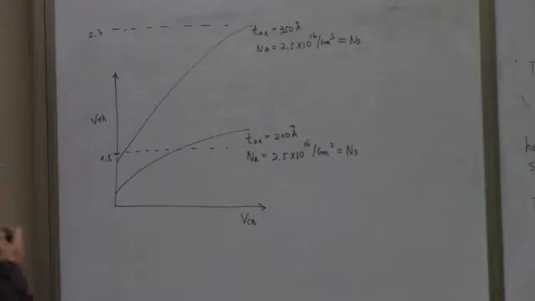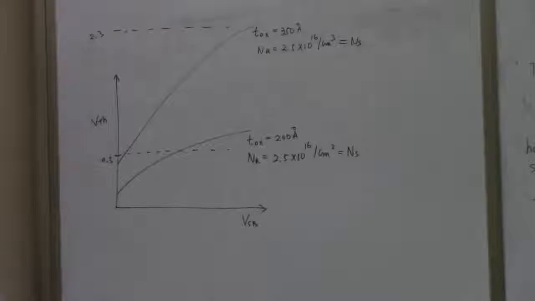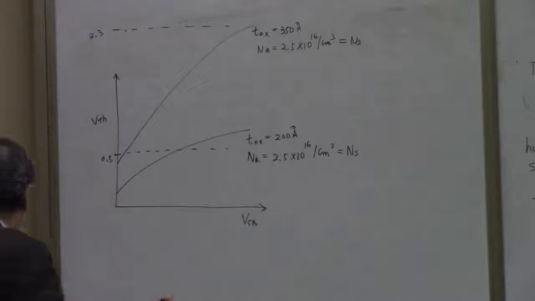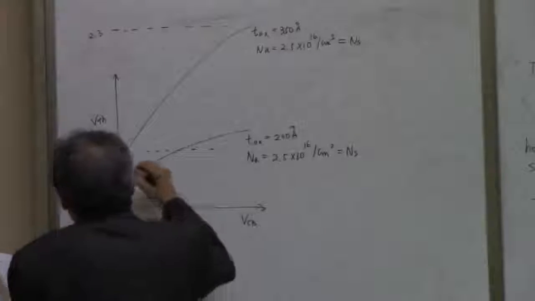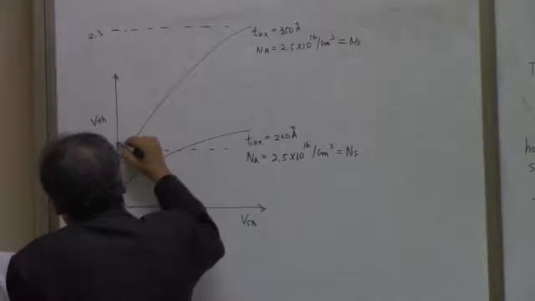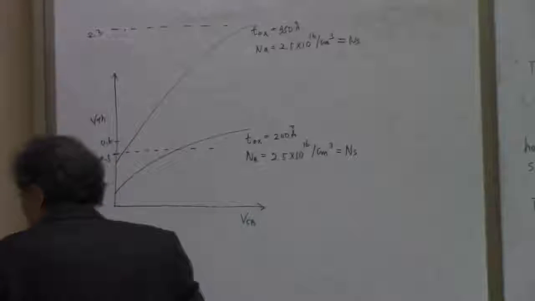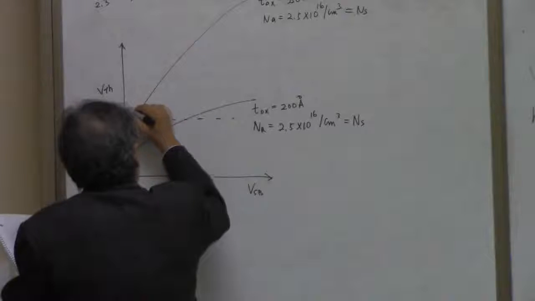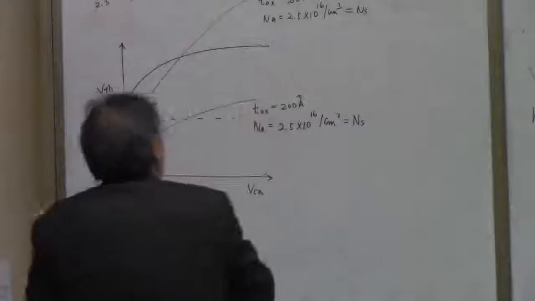Now, if you do the threshold implant to control the threshold voltages, now what you can have is, if it is a 0.6, threshold voltage is going to change something like this.